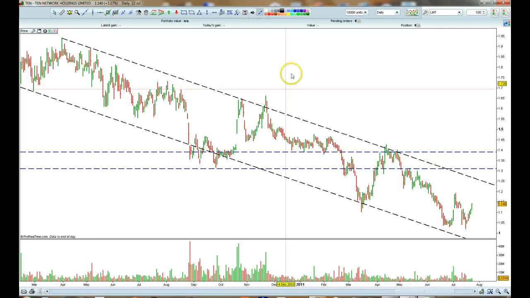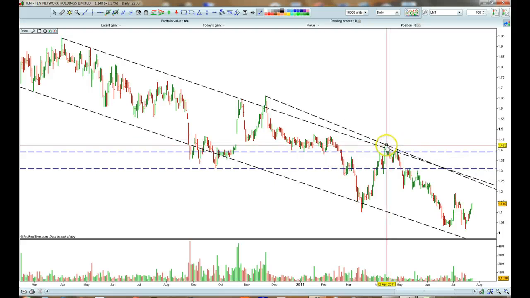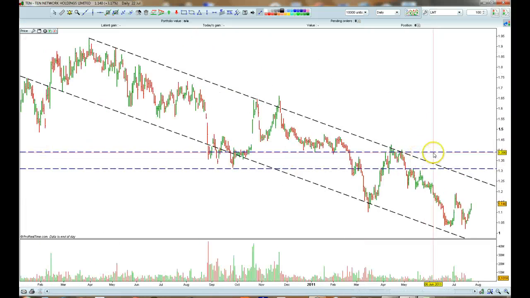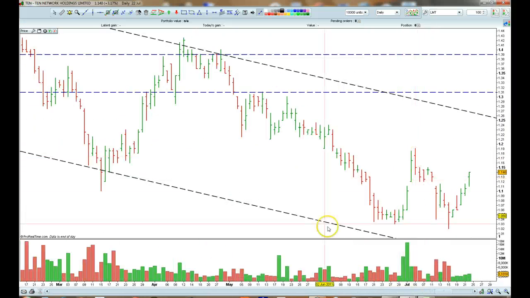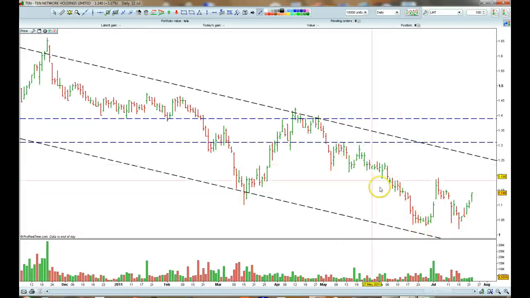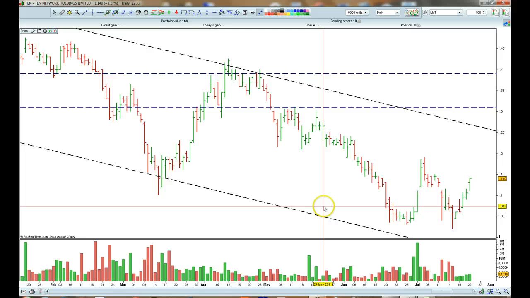That's not giving us much different at the moment, but the point is it's been in a protracted downtrend, and it still looks like we're making lower lows. We haven't made a higher low yet.